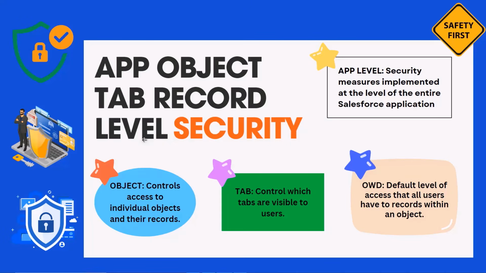So let's understand what it means. The OWD settings determine the default level of access that all users have to a record within an object, and these settings can be set to private, public read only, or public read write. So let's proceed and learn to set up the record level security by using the OWD technique in our application.